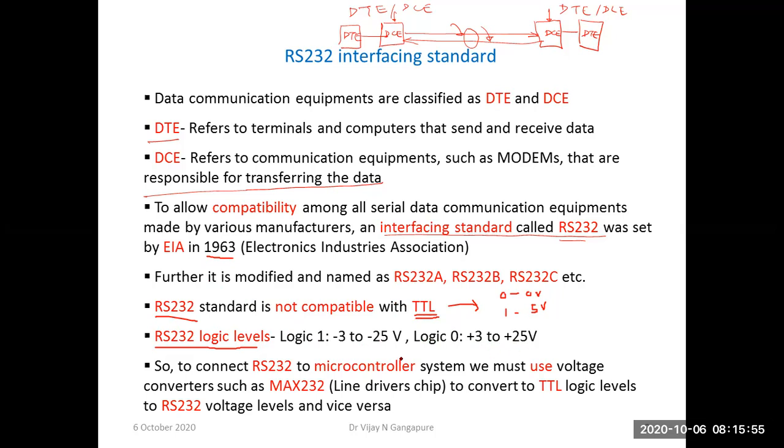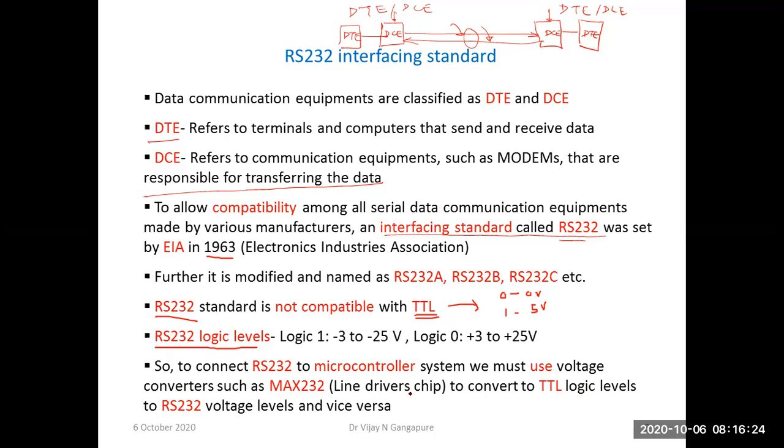So when we want to connect an RS232 compatible data communication equipment with the 8051 serial port, that is, to connect RS232 to a microcontroller system, we must use voltage converters such as MAX232, to convert TTL logic levels to RS232 voltage levels and vice versa.